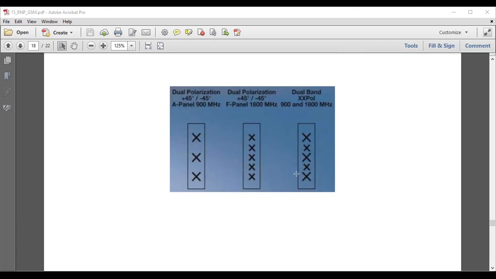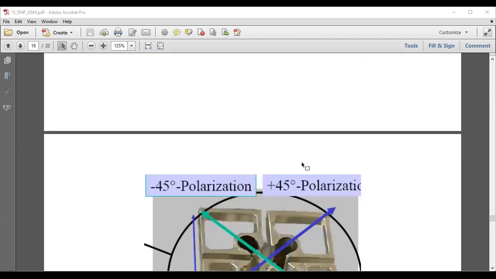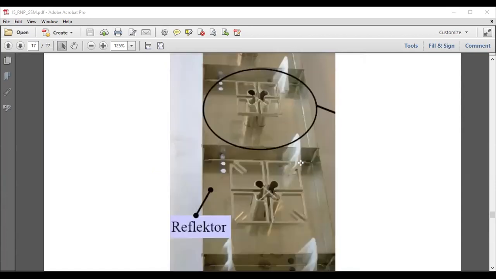However, you could use a dual band configuration where the two types of antenna elements are put this way. Okay, the large one, then the smaller one, then again the large one. So alternatively, you put them. So this is actually what you have in here: the large one and then the small one.